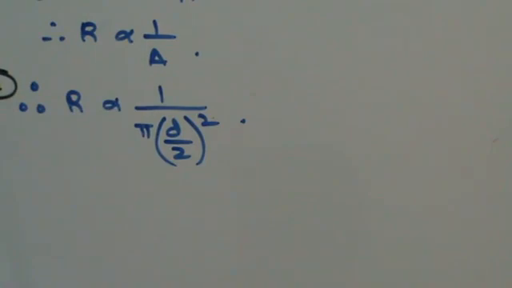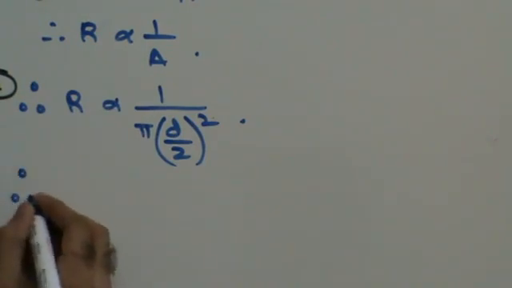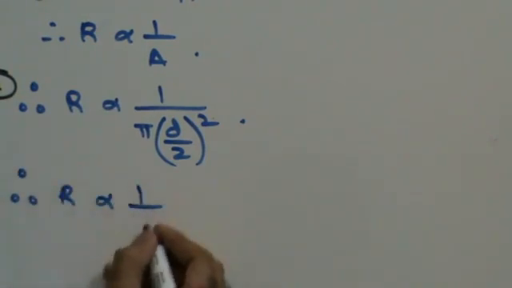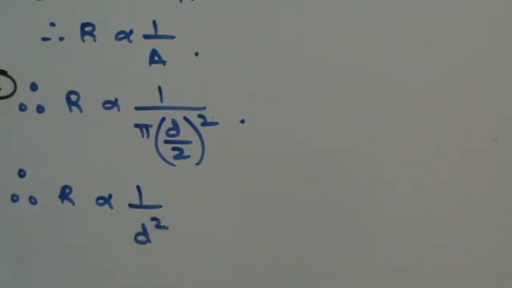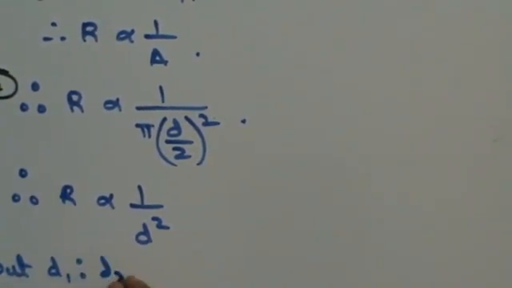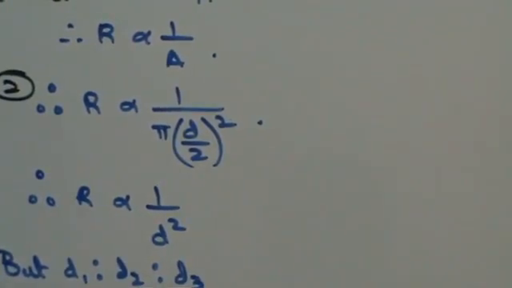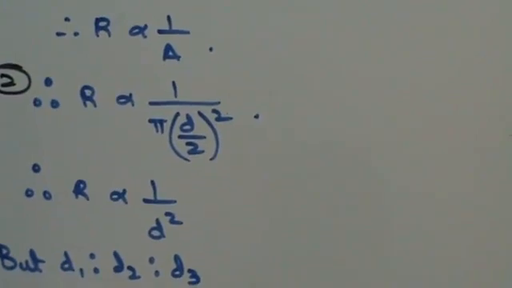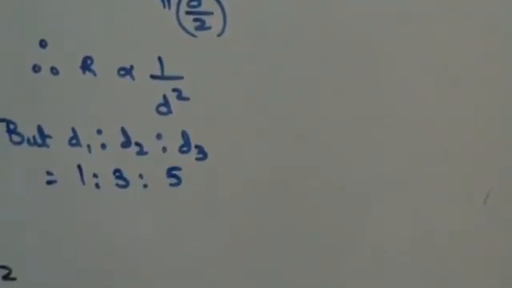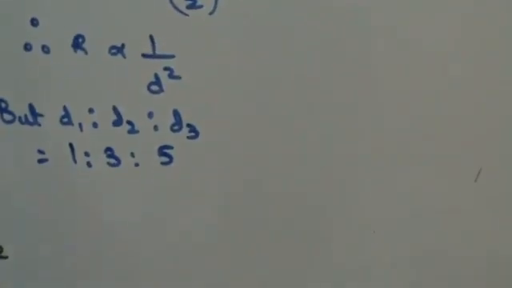Pi is constant, 2 is constant. Therefore, R is inversely proportional to d square. Do we get this? They have given the ratio d1 is to d2 is to d3 as 1:3:5.